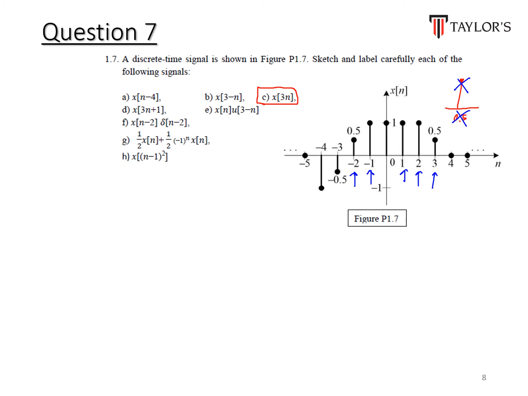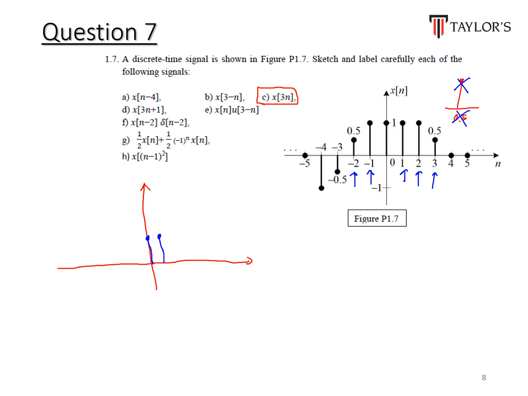So let us try question C. You say x scaled by 3 times, so everything is actually shrunk by 3 times. If we draw this up, the one at 0 still remains at 0. Let me draw with the blue color pen so you can easily see. The one at 0 is still at 0.